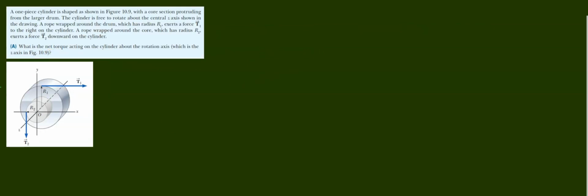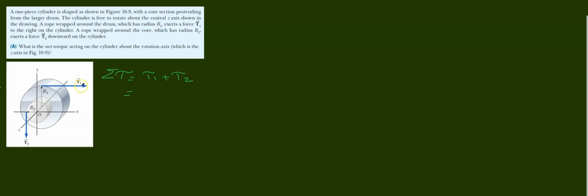So consider this element composed by two different cylinders of different radii. It's a one-piece cylinder, but has two sections with different radius, radius 2 and radius 1. We have a force applied at position radius 1, which is tension 1, and then another tension 2. So what is the net torque? Well, the net torque is going to be torque 1 plus torque 2, right?